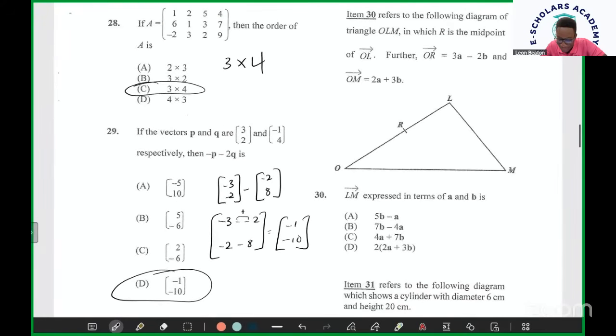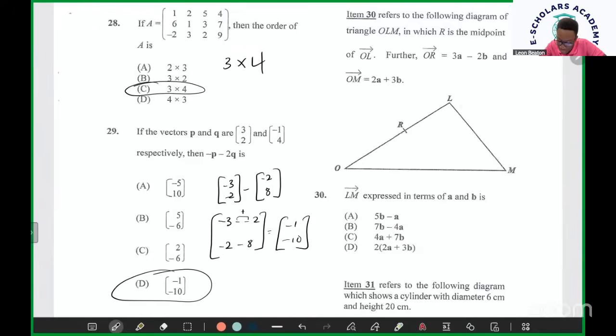Item 30. Given the following triangle, R is the midpoint of OL, and so on. Let me read this. So OR is equal to 3A minus 2B, and OM is equal to 2A plus 3B. So let's see what they want to find. They want us to find LM.